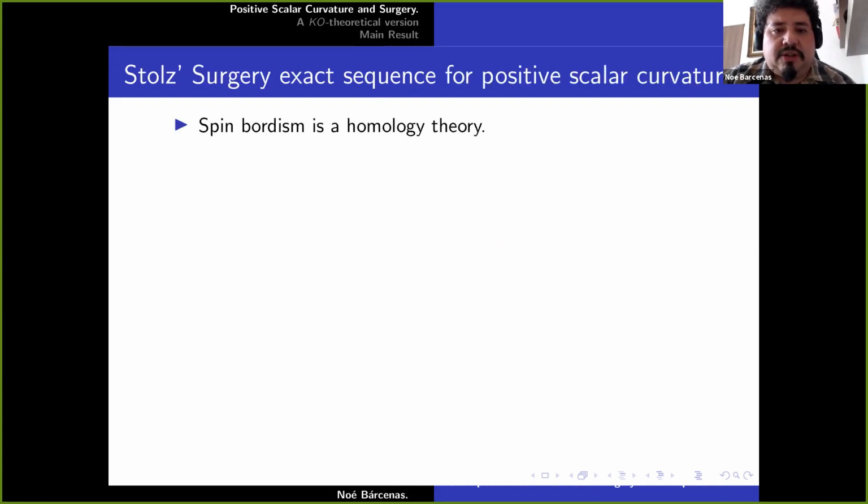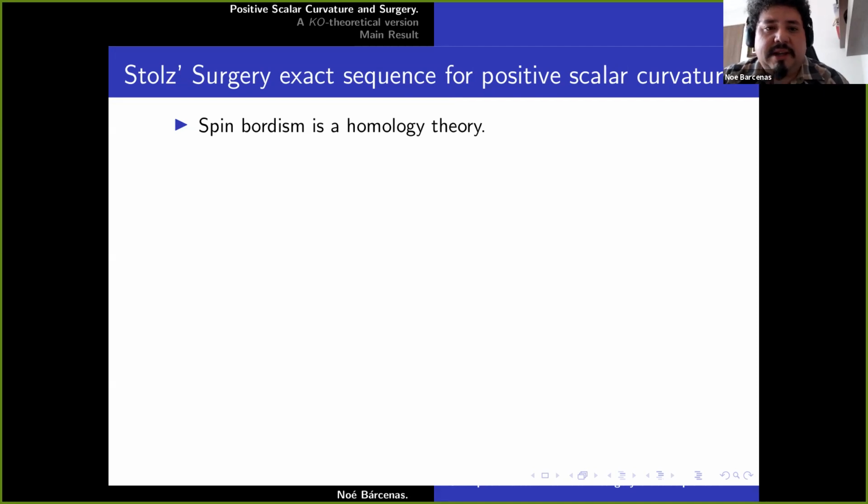So this motivated the following circle of ideas, which led to the definition of a kind of surgery exact sequence for positive scalar curvature. Recall that you can define a Bordism with any structure on the normal bundle.